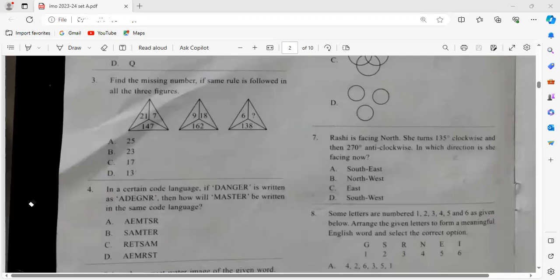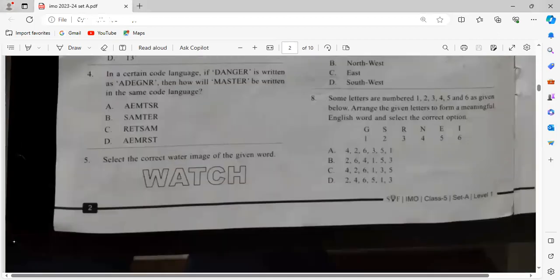Okay, let's move on. Question number 4. In a certain language, danger is written as ADEGNR, and how will master be written in the same code? So if you see danger, it's all arranged in alphabetical order.